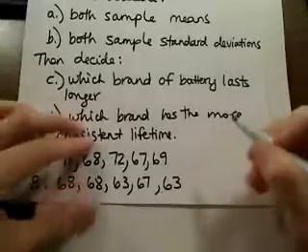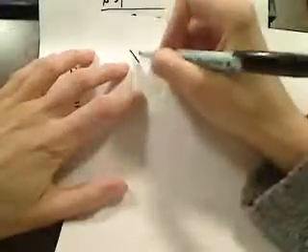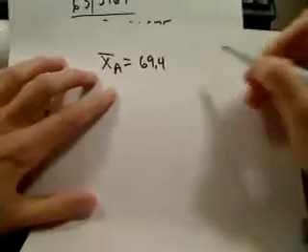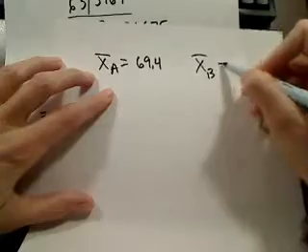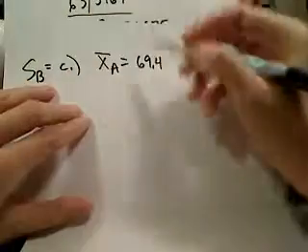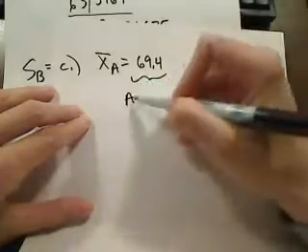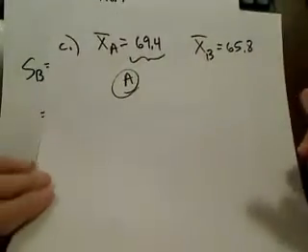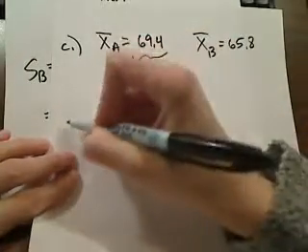Let's look back. Yeah, so the x bar for A was 69.4, the x bar for B was 65.8. So in C here, because this one's larger, it's going to end up being A. So that'll be the battery that lasts longer.